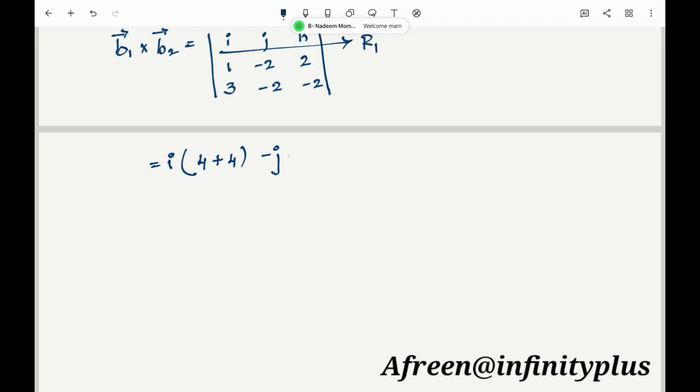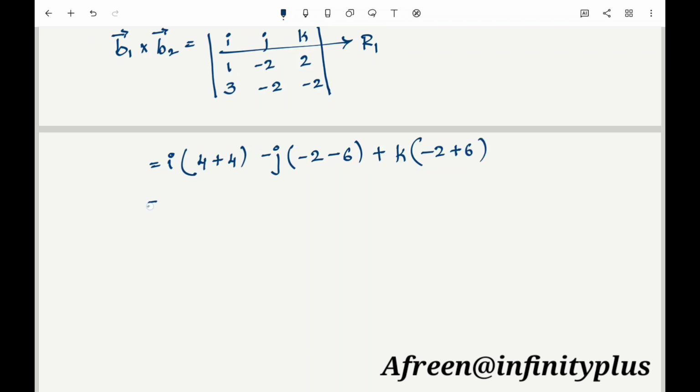Minus j into, if you are taking j element, you have to leave this row and this column. 1 into minus 2 is minus 2 minus 3 2s are 6. Plus k into, you can take this element, so leave this row and this column. So you will be getting 1 into minus 2 is minus 2 minus 3 into minus 2 is minus 6. So minus into minus will be plus 6.